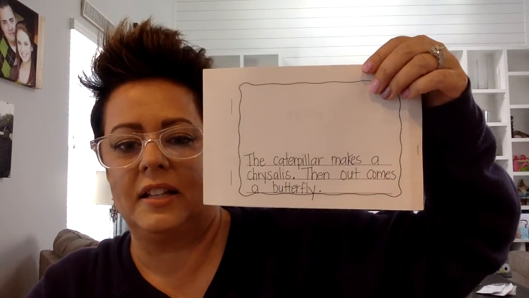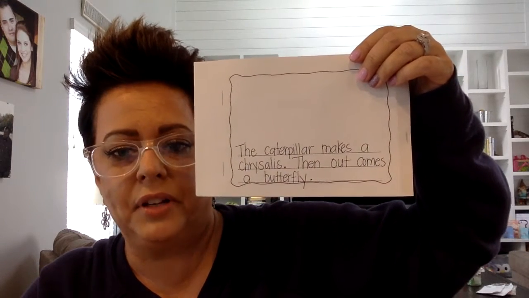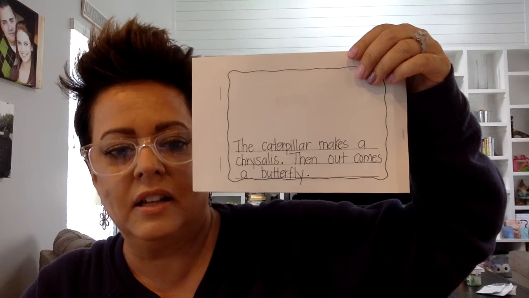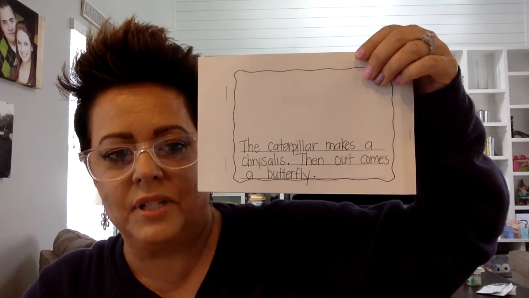out comes a butterfly. So you have two sentences on this page. The caterpillar makes a chrysalis, then out comes a butterfly. So you could do a picture of maybe a tree branch where a caterpillar has made the chrysalis.